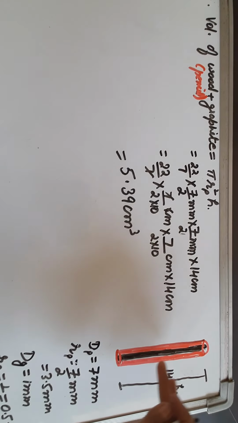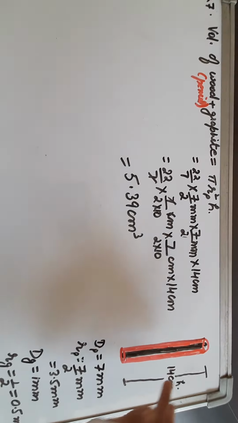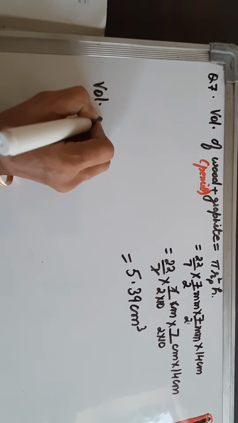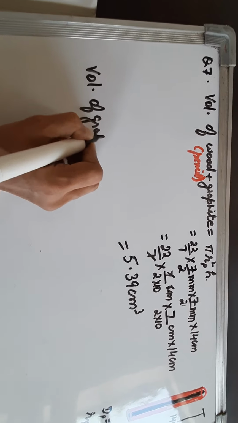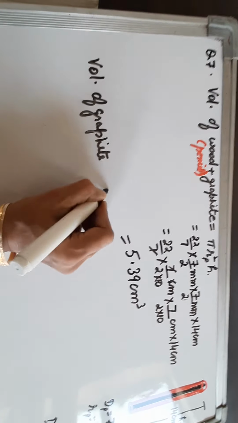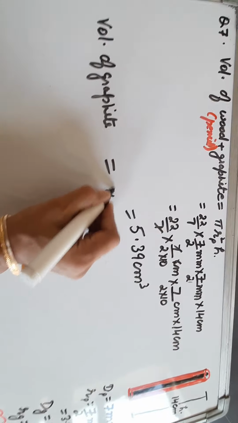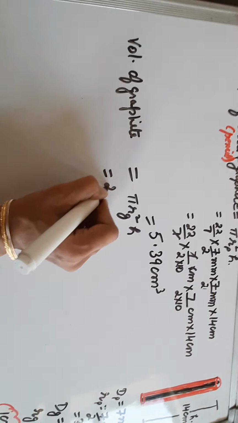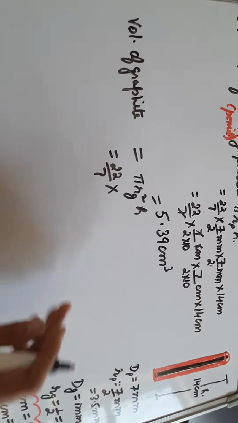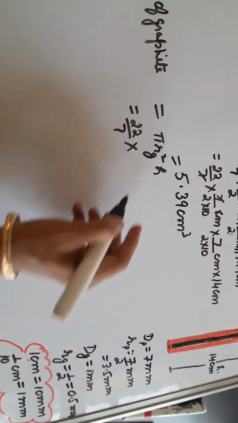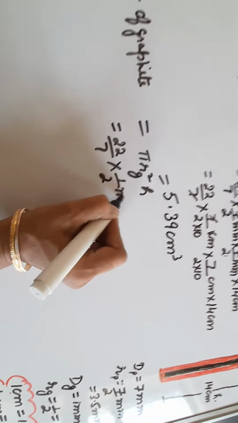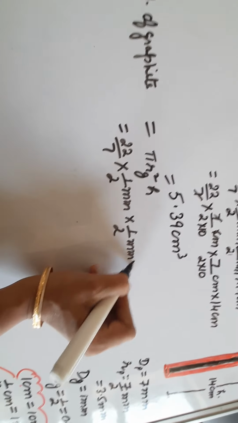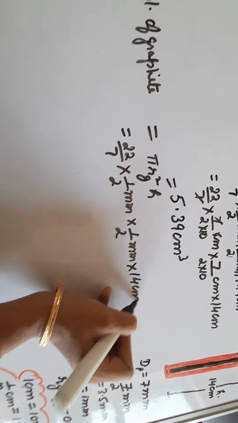Now let us find the volume of graphite only. In this pencil, again it is cylindrical in shape, so pi r square h. 22 by 7, the graphite radius is 1 by 2 millimeter into again 1 by 2 millimeter because the square is there, into the height 14 centimeter.